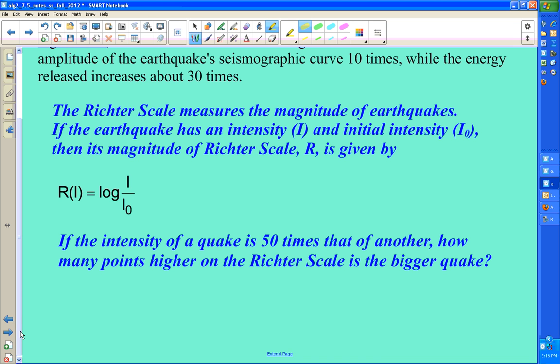Huge. Here's your formula: the log of I over I sub 0, where I is your initial intensity and I sub 0 is the magnitude of the Richter scale. So if the intensity of the quake is 50 times another, we would put a 1 here and a 50 here.